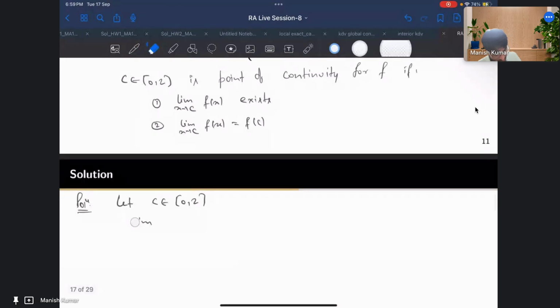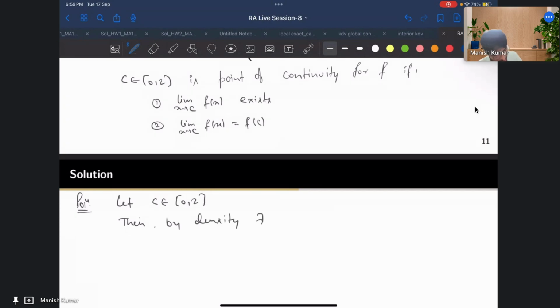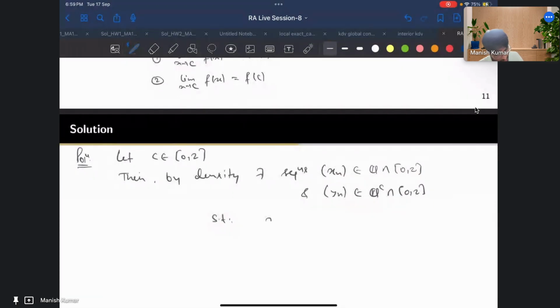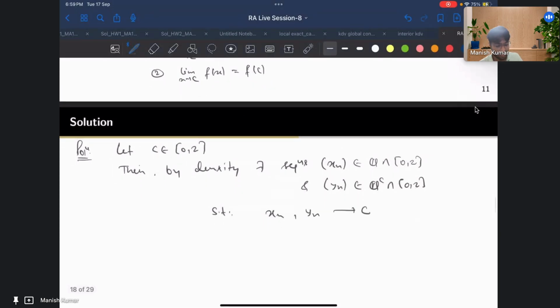By density, there exist sequences xn in Q intersection (0, 2) and yn in Q complement intersection (0, 2) such that xn and yn both converge to c.